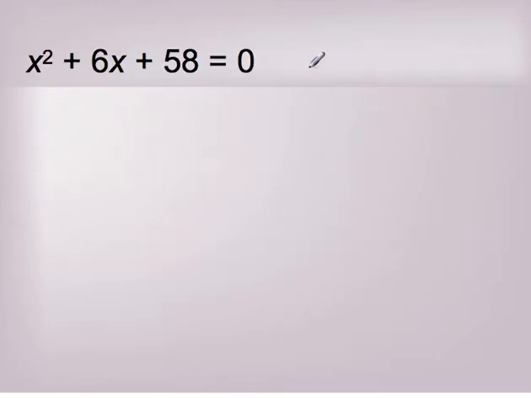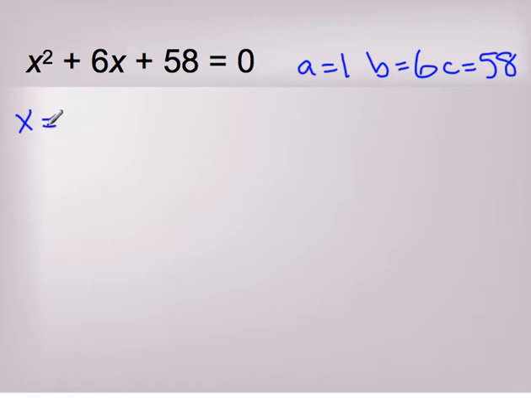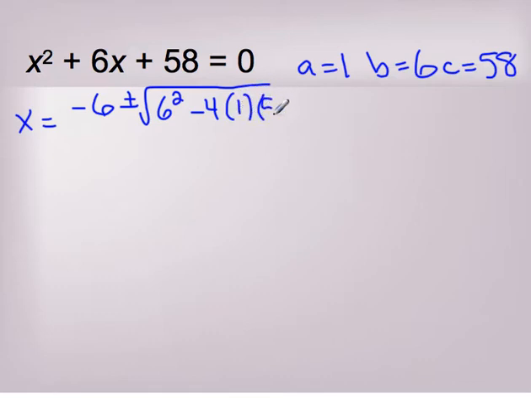Next one, a would be 1, b would be 6, c would be 58. Now it's just a matter of plugging in. x equals the opposite of b plus or minus the square root of b squared minus 4 times a times c, and that's going to be all over 2 times a, which is again 1.